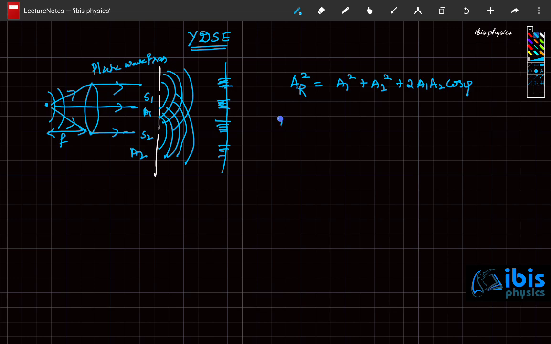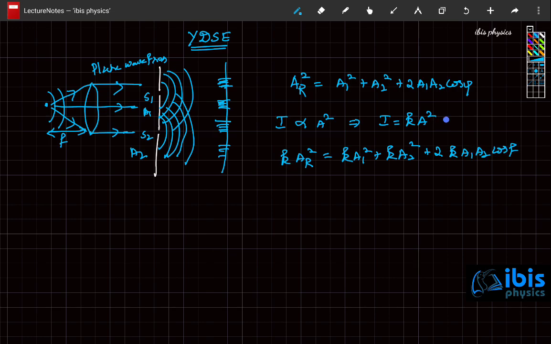But intensity is proportional to the square of the amplitude, which means intensity is equal to some constant k times amplitude squared. So multiply the whole thing with the constant k.